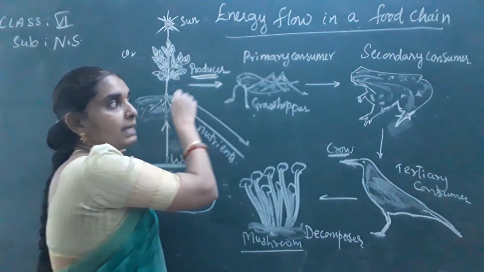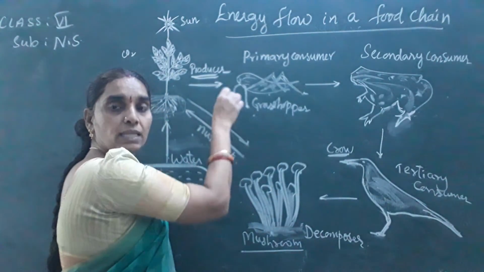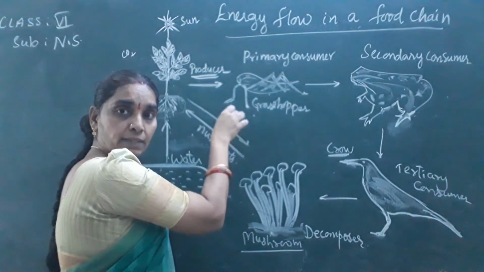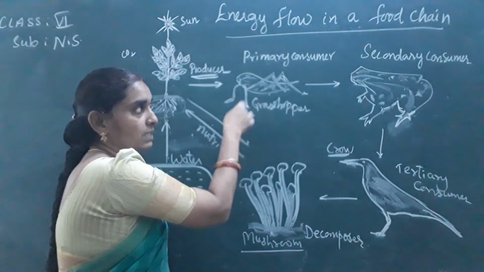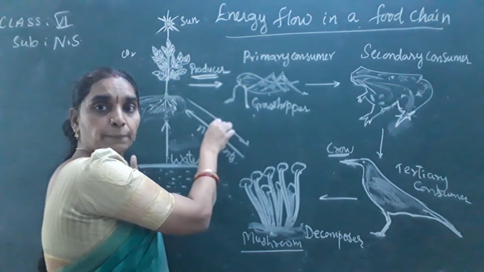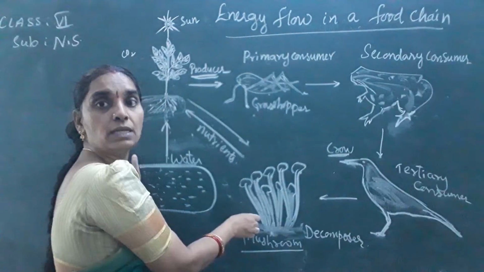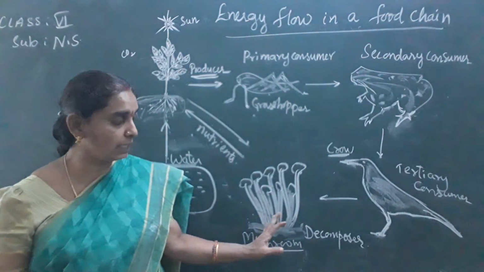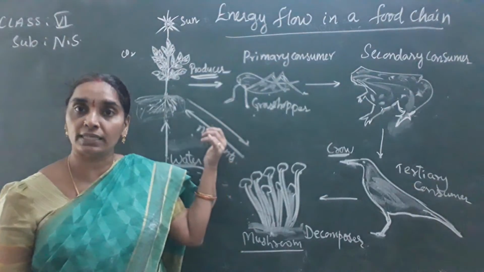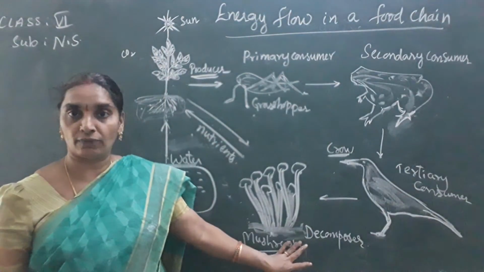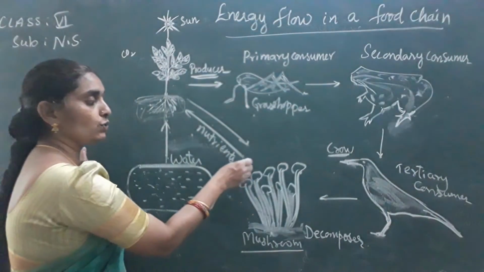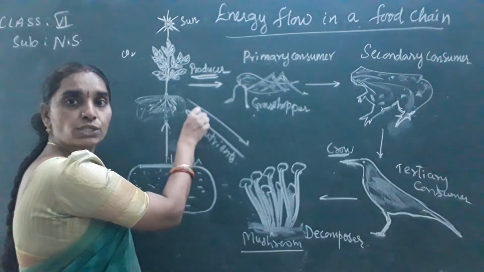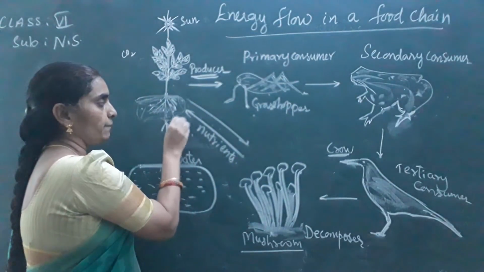So both plants and animals, when they die, mix in the soil, and this is organic material. This dead and decomposed matter is eaten by the mushrooms. In fact, mushrooms keep the environment clean, and they supply the nutrients to the soil again.